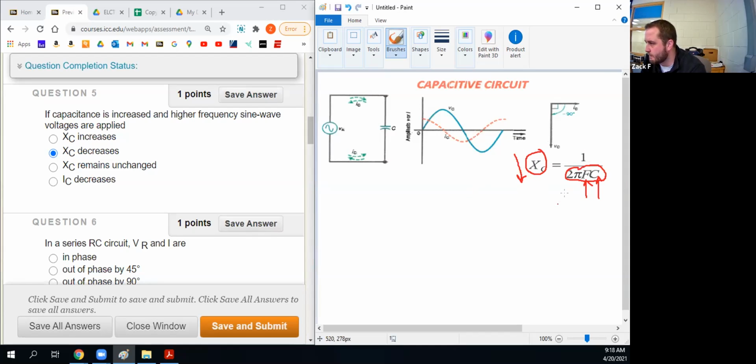If you plug some numbers in, like frequency was 1 and capacitance was 1, that would be 1 over 2 pi, which is 0.159.